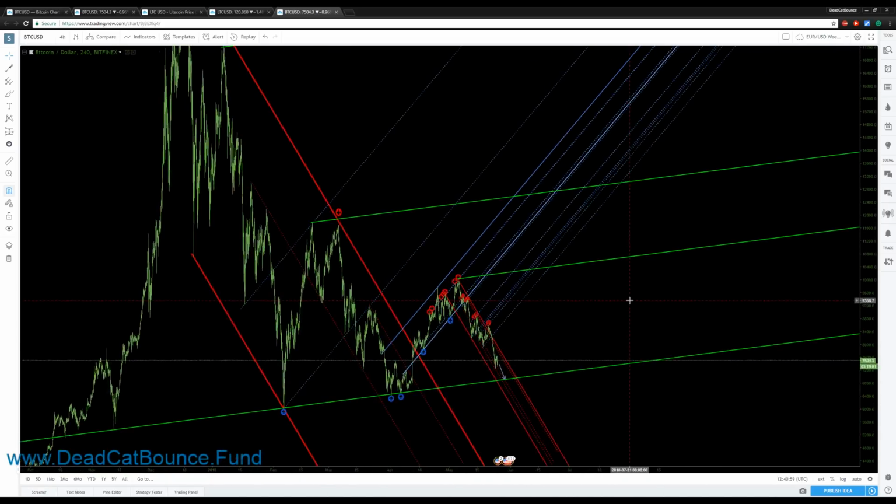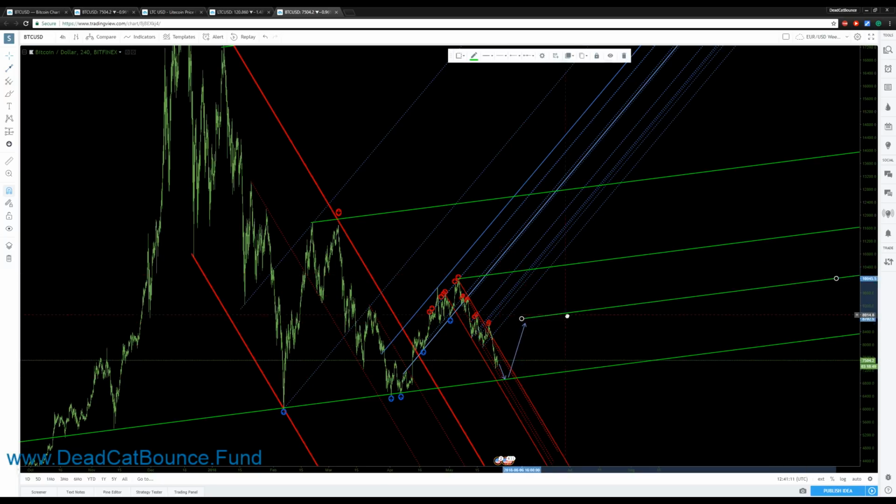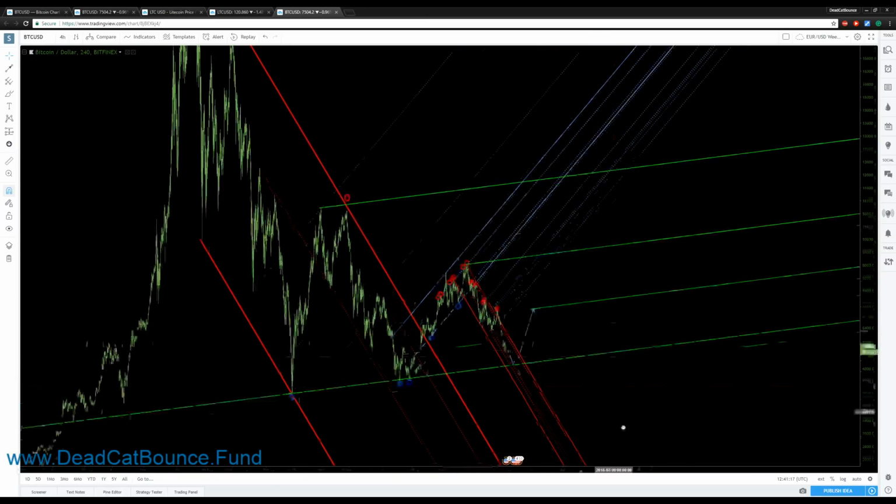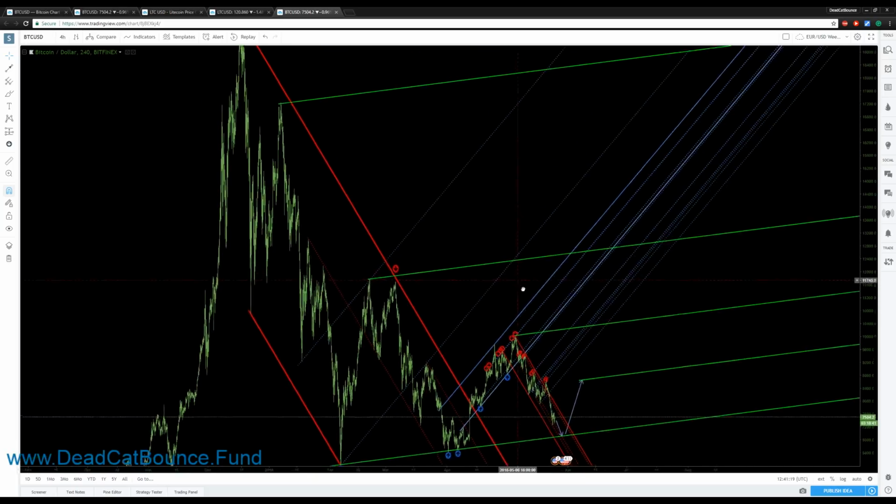There are two scenarios that are most probable right now. The first is a move down and a bounce to where? A lower high, until this support actually breaches.